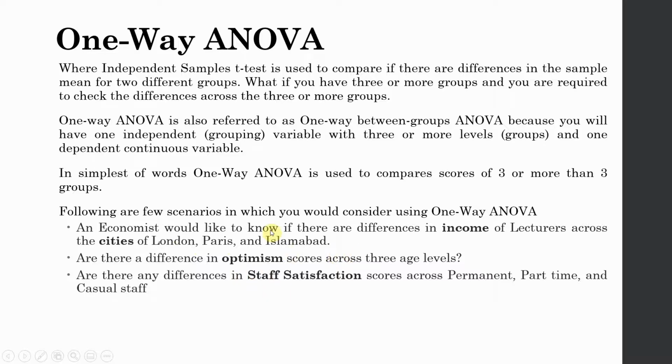So here your categorical variable, or grouping variable, is cities, and there are three categories in the group, that is London, Paris and Islamabad.